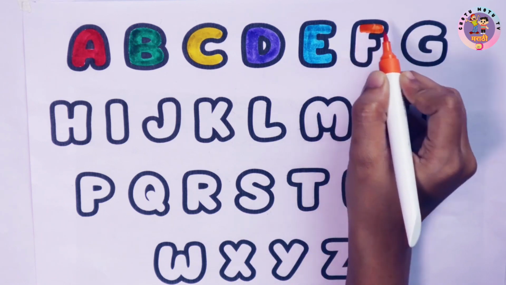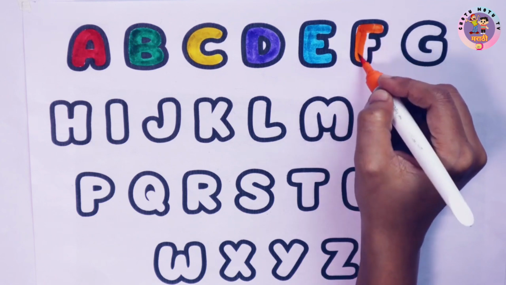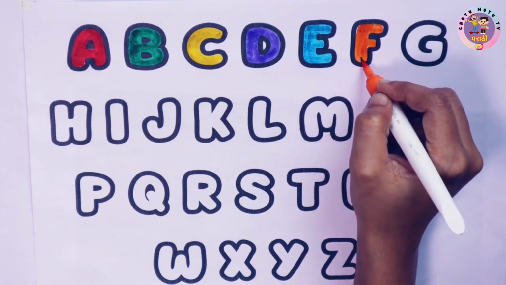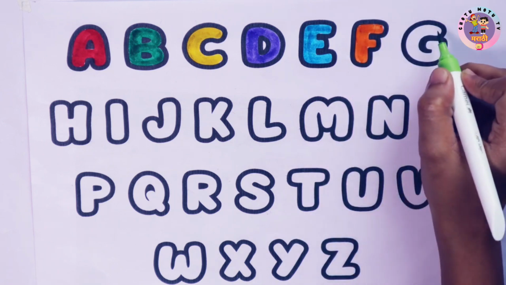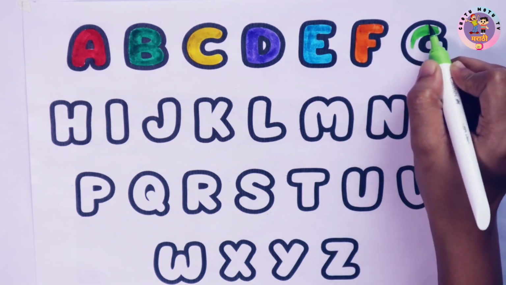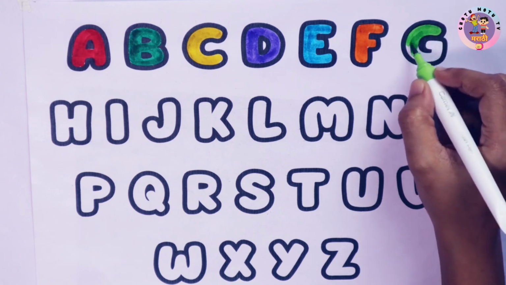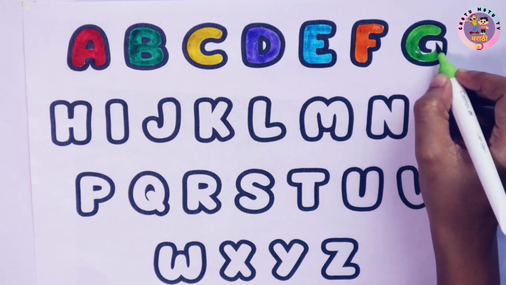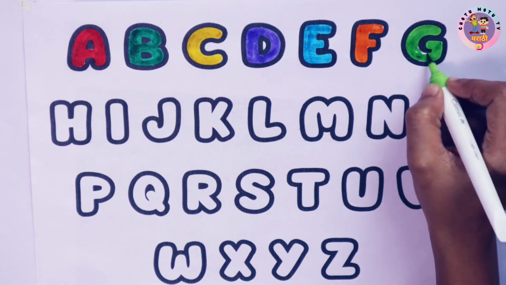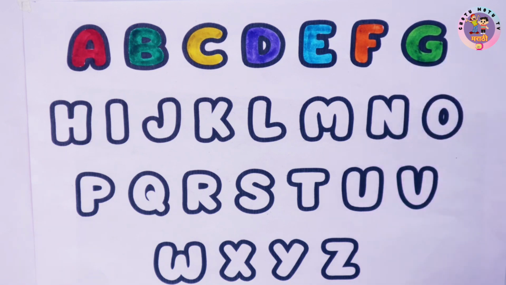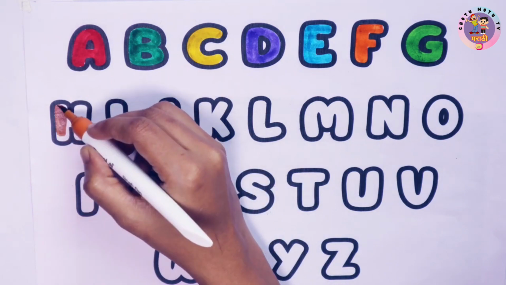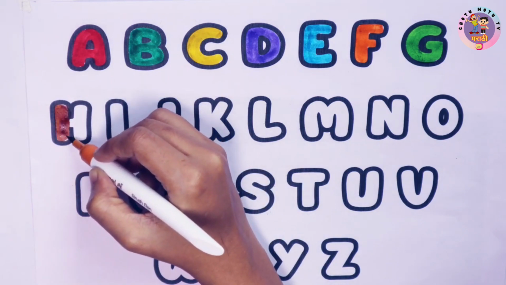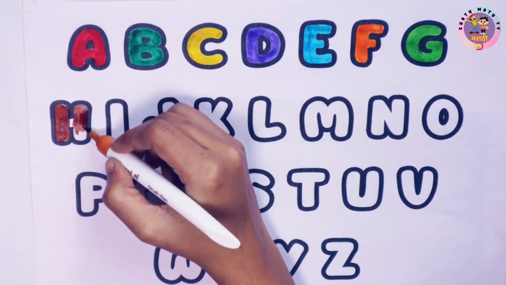F. F for fish. G. G for grapes. H. H for hen.